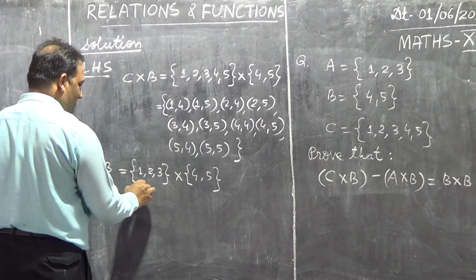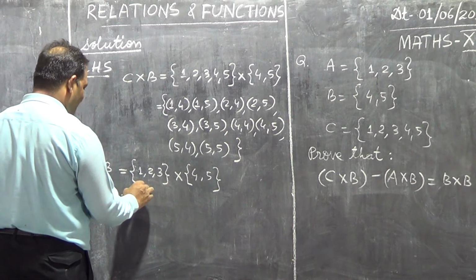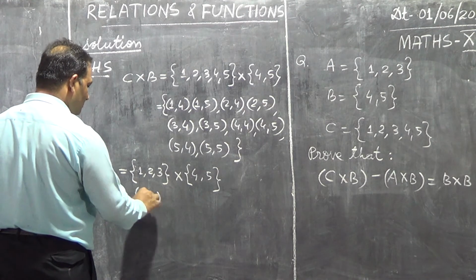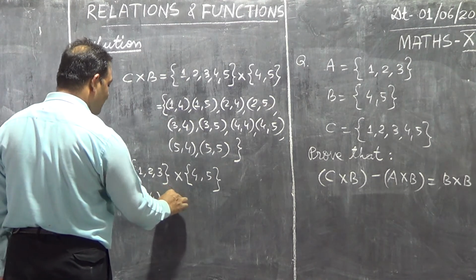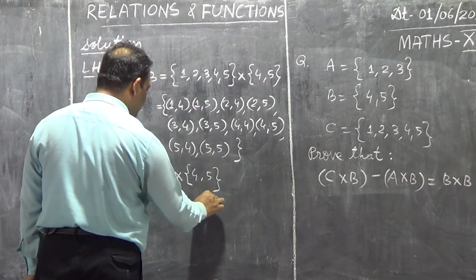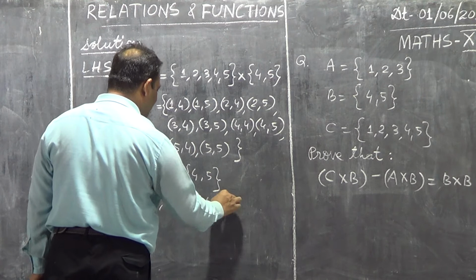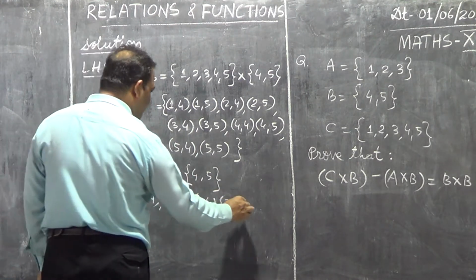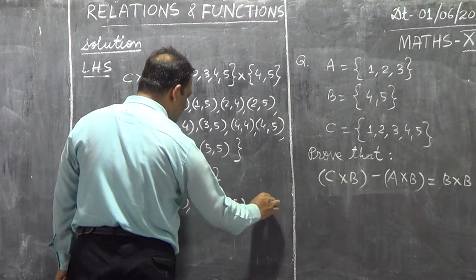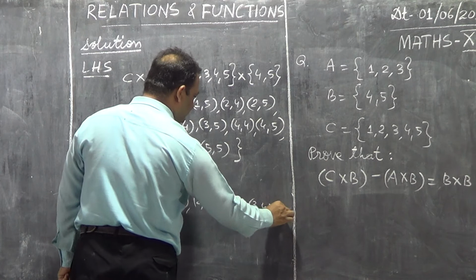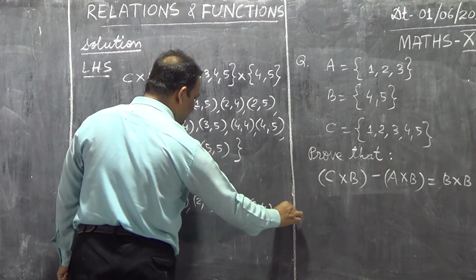Then the Cartesian product of A and B: 1, 4, 1, 5, 2, 4, then 2, 5, 3, 4, and 3, 5.